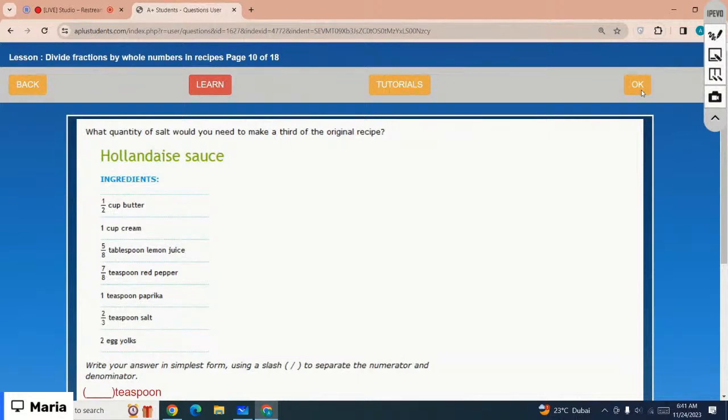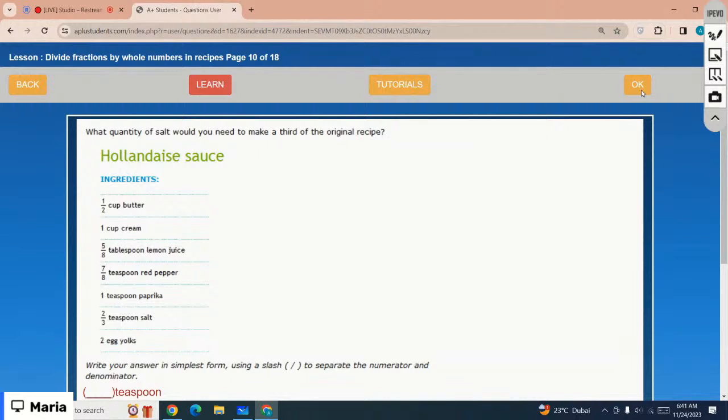What quantity of salt would you need to make a third of the original recipe? Two-third teaspoon salt is needed in the original recipe.